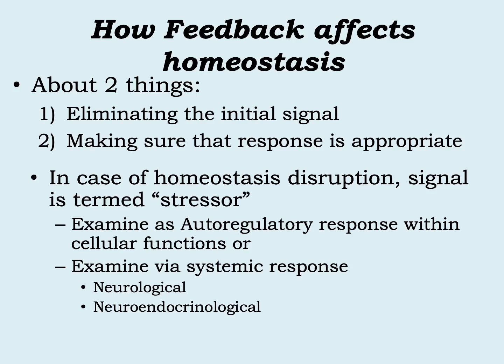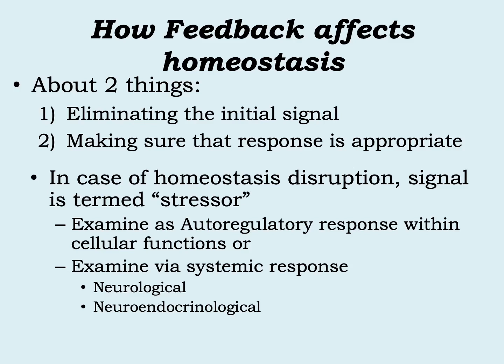The way in which feedback is going to ultimately affect homeostasis is that it's going to, one, eliminate the initial signal or stressor, and then two, make sure that the responses that we have are appropriate to the stressor if the feedback is negative. In the case of homeostatic disruption, anytime we say signal, we are talking about a stress.